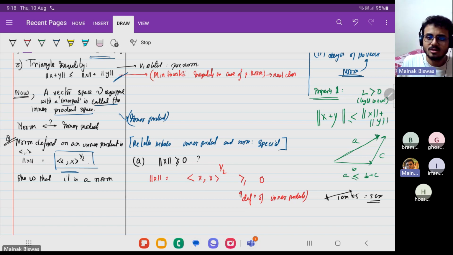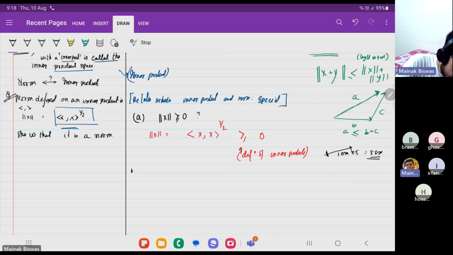Do you agree? If you do not agree, we'll have to go back. Any doubt? When people are quiet, I understand there's doubt. Please tell me what doubt you have. Hello? It's clear now.